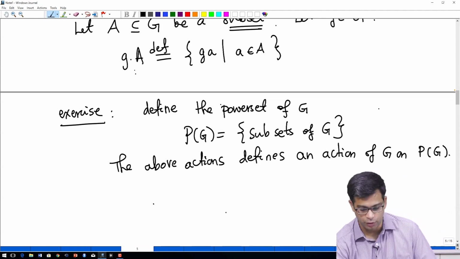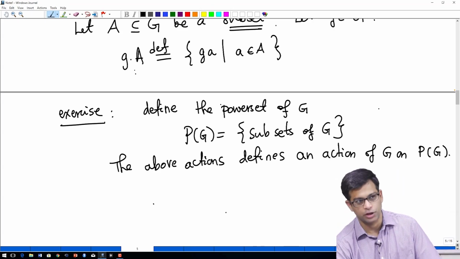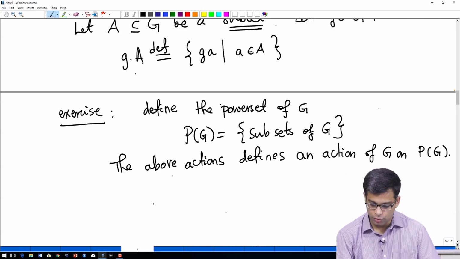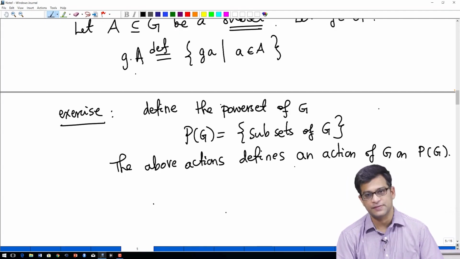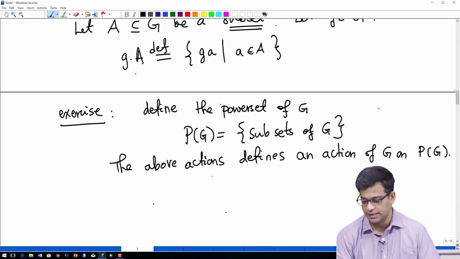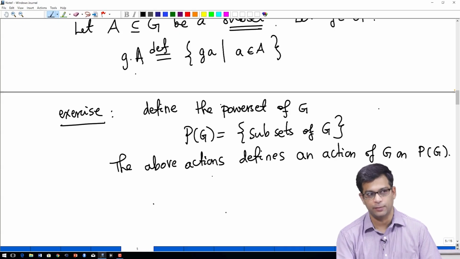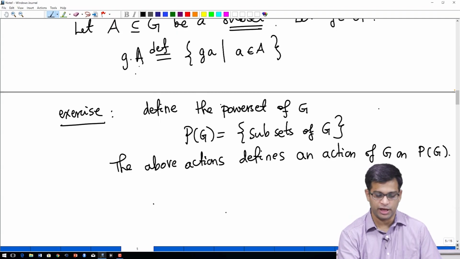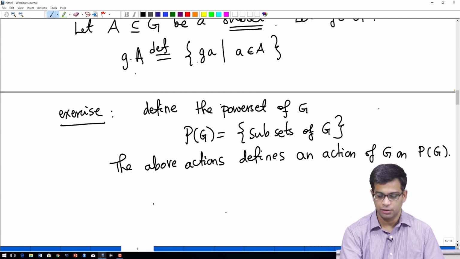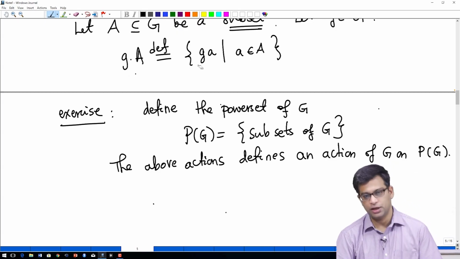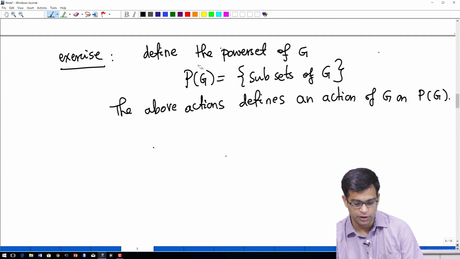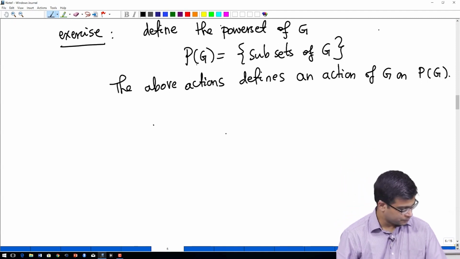I have defined g·A to be g a as small a varies in capital A. Now you can define this for any subset. I claim that it is an action of G on this new set, namely the power set. What are the conditions to check? Identity times any subset is itself, that is clear, because if g is identity, g times A is just A, and similarly the associativity property holds, which is trivial to check. So, we have an action of the group on the power set.